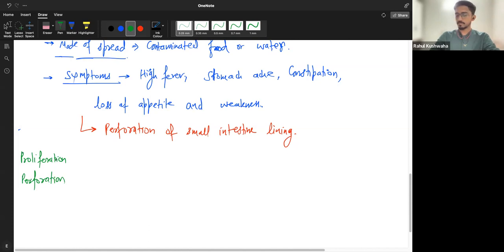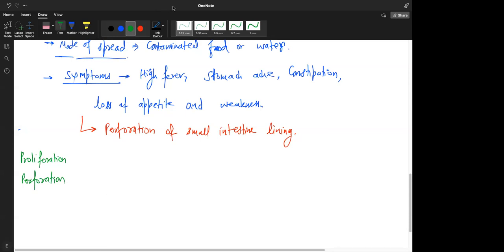Both are used in terms of bacteria and lower organisms and their effects. Who will tell me what is proliferation and what is perforation? Proliferation is the multiplication of organisms, like when an organism increases in number, or in case of unicellular organisms, it is the cell number.